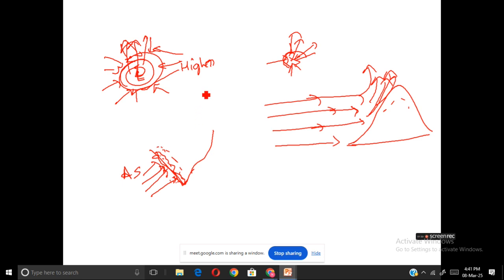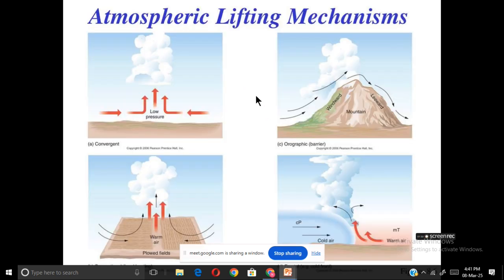Another region that receives very high rainfall is the northeast region, with the Himalayas. There also, due to the presence of the mountains, the wind coming towards the mountain is being lifted by them. That is orographic lifting.